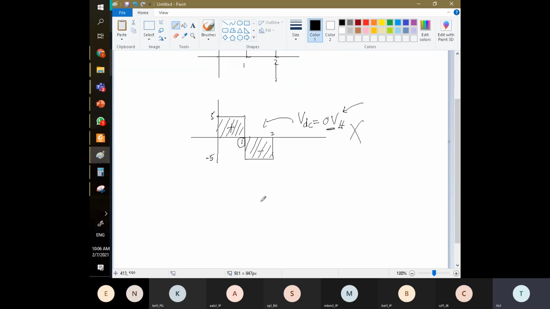So to solve this problem, we need another voltage. We call it the RMS. If you take the same thing here, 5 and negative 5, we take the 5 and square it, okay? And then this negative 5 here, we also square it.